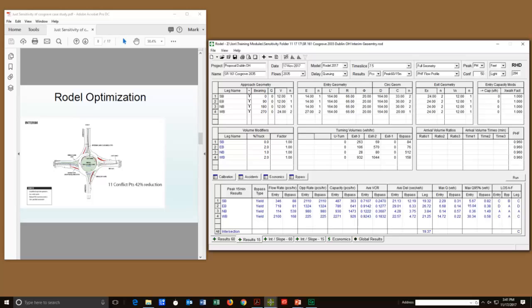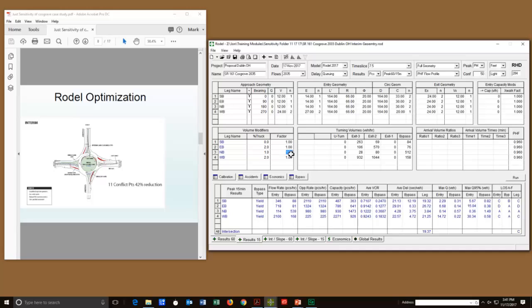So a 95% queue of 15 cars in the long range, which would equate to maybe 350 feet, is more than acceptable. So it gives a strong indication that we have a significant opportunity to reduce the conflict points by a substantial amount, a 42% total reduction.